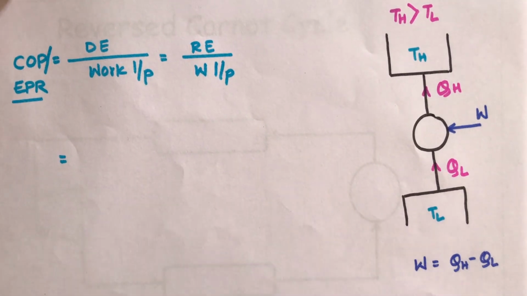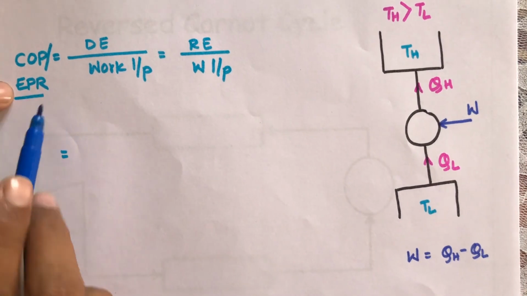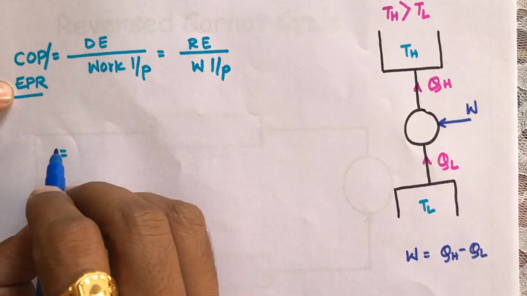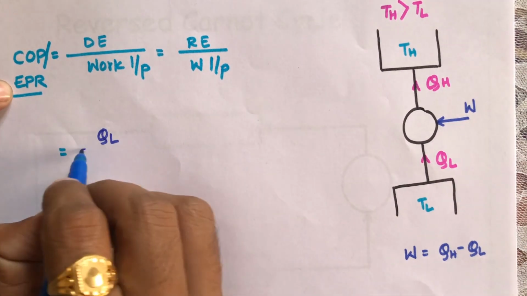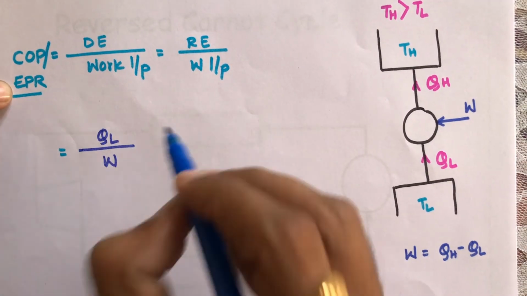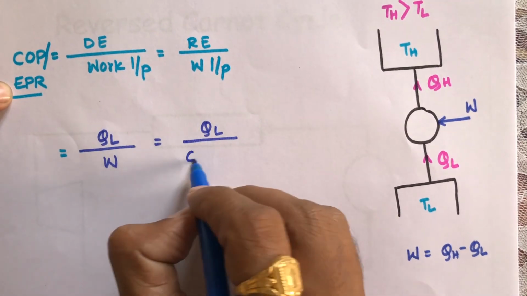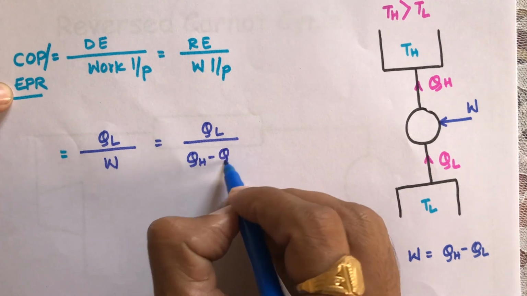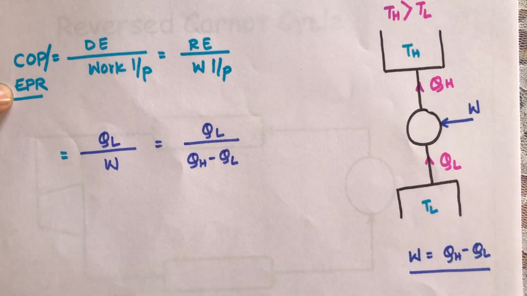Same thing we are going to write in the formula of coefficient of performance or energy performance ratio. The refrigeration effect produced is QL divided by W, that is equal to QL divided by QH minus QL, as here we have written W as QH minus QL.